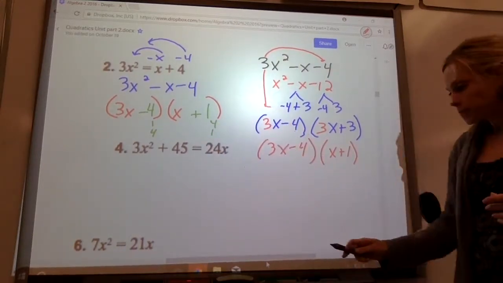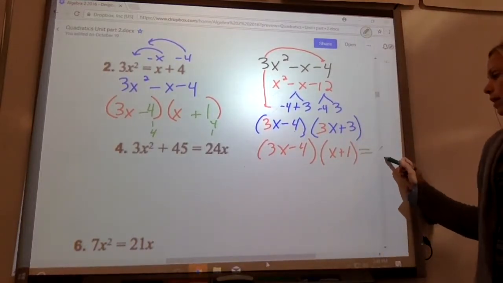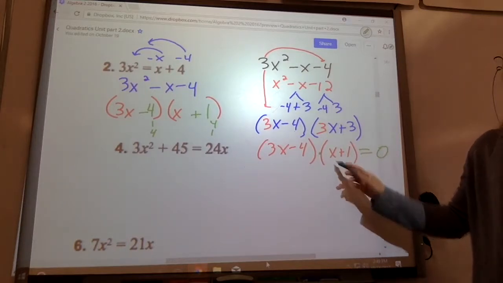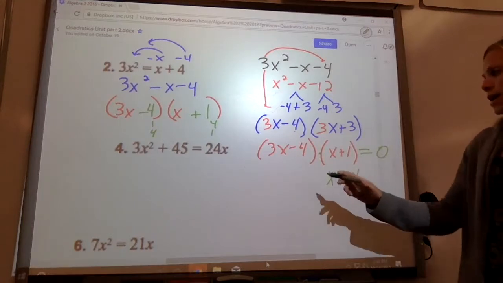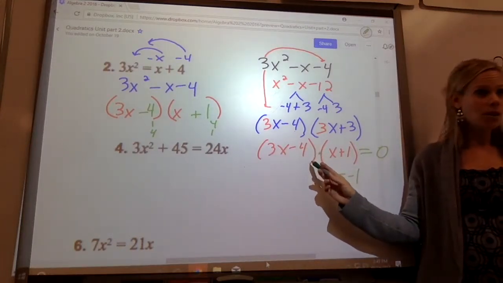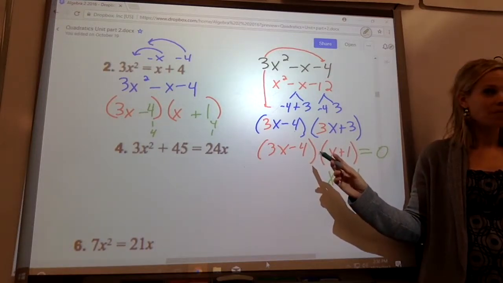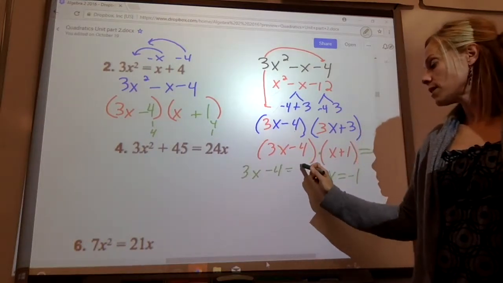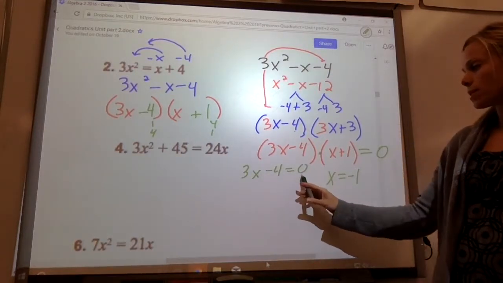Okay. Now, to solve, it's going to be a little bit trickier because equals 0, and this is where I'm multiplying. This one's the easy one. What plus 1 would give me 0? Negative 1, okay? Now look at this. 3 times what number minus 4 will give me 0? Okay, if you don't know, you have to set it equal to 0 and say, okay, 3 times what number minus 4 is going to give me 0?